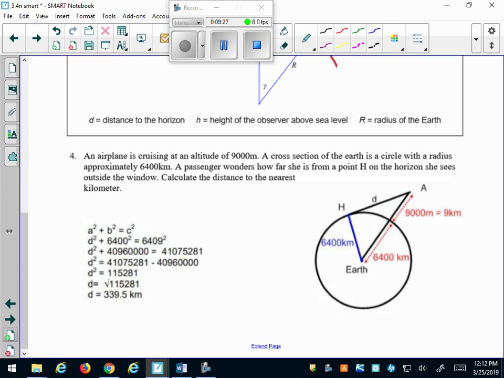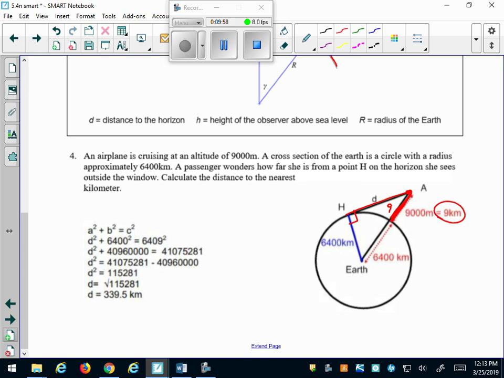The airplane is cruising at an altitude of 9,000 meters, which is 9 kilometers. So the distance from here to here is 9. The approximate radius of the Earth is 6,400 kilometers. So your line of sight from the airplane to the horizon is tangent to the circle of the Earth, so it forms a right angle right there.